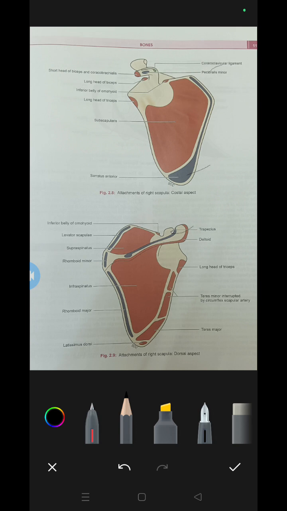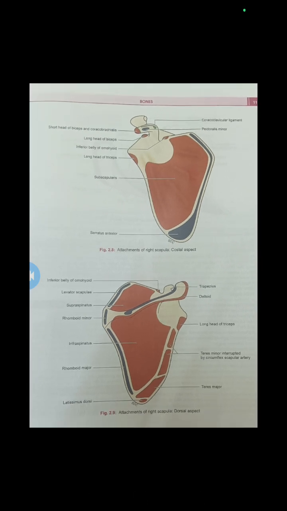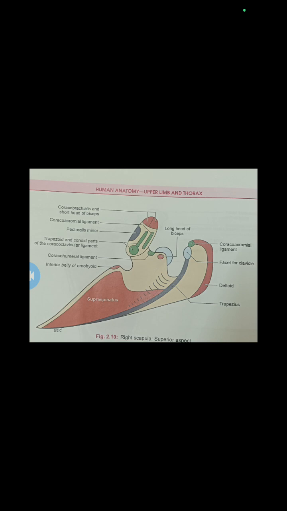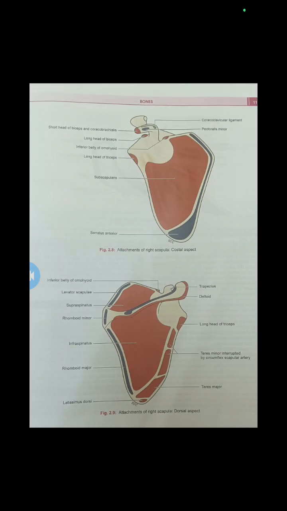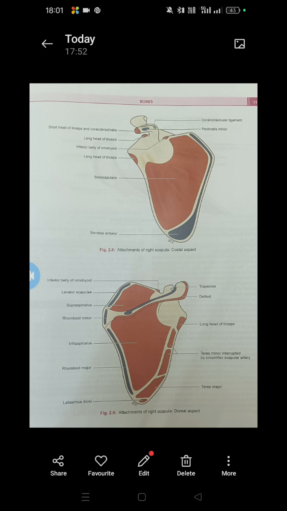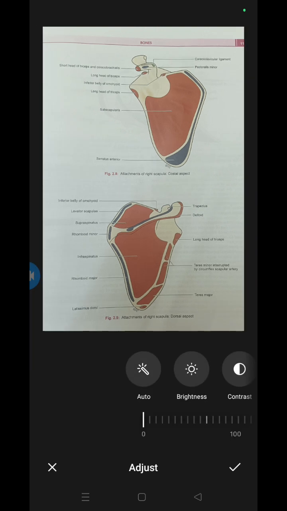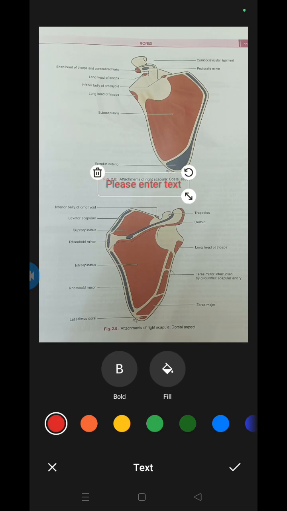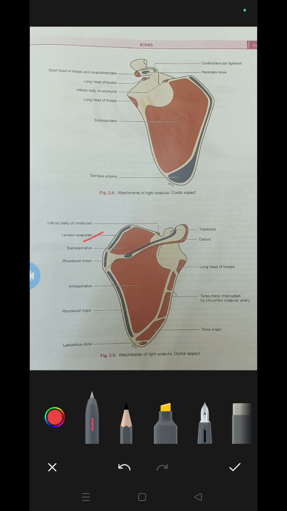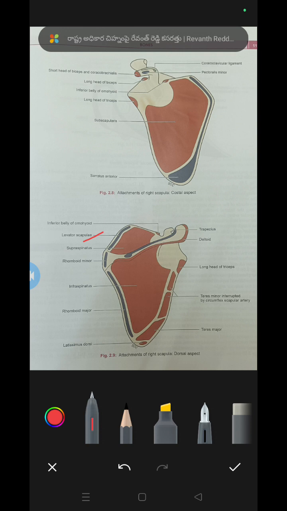The levator scapulae is inserted along the dorsal aspect of the medial border from the superior angle up to the root of the spine.